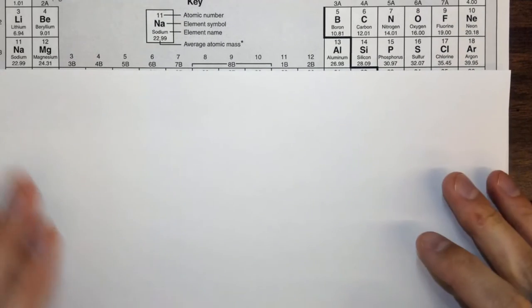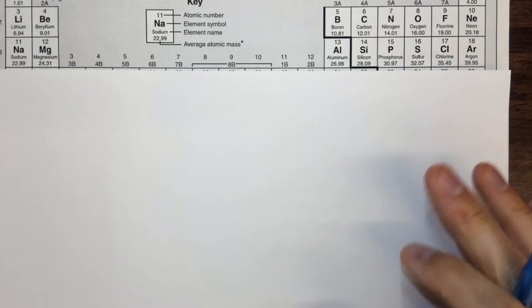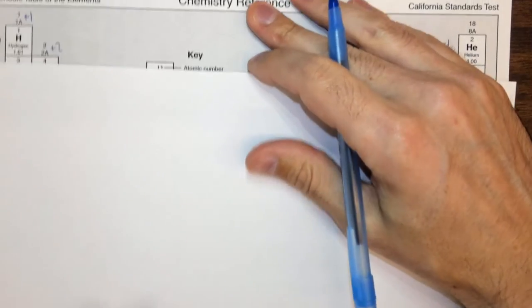So when some ionic compounds dissolve in water, the ones that are soluble in water, they break up into ions.